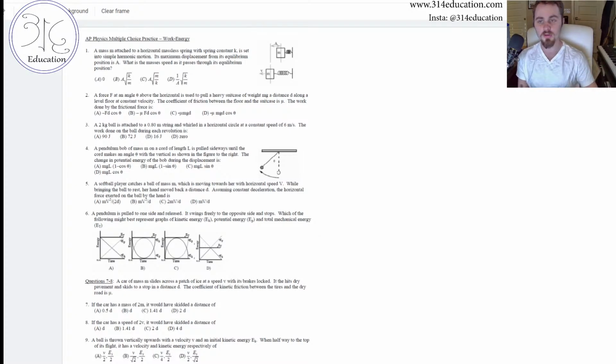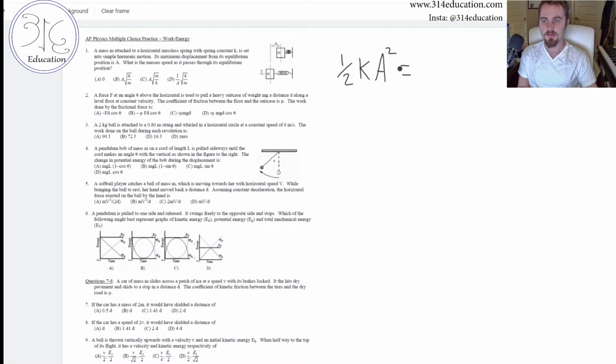For this, we can use conservation of energy. At its maximum displacement, we expect all of its energy to be in potential energy. This is spring potential, which would be 1/2 k x squared, but our x is a distance A, because that is our amplitude.